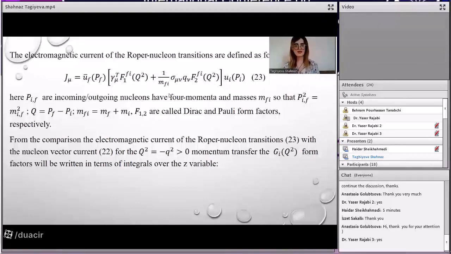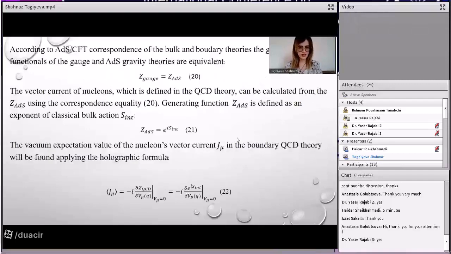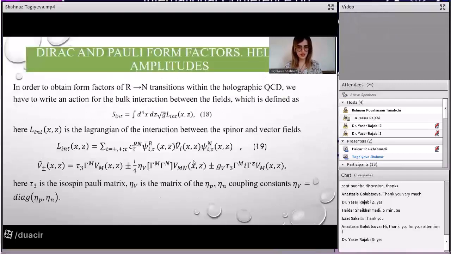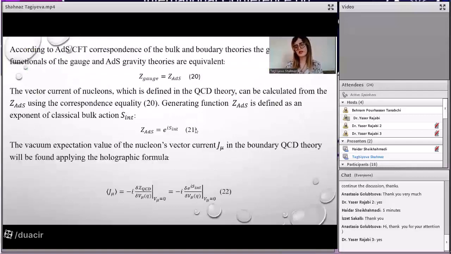If we take into account the action in expression 21, we can define the AdS generating function, and then we can define the vacuum expectation value of the nucleon vector current.